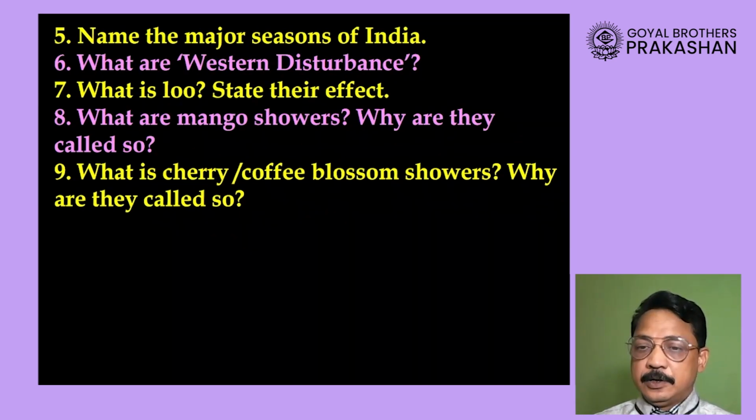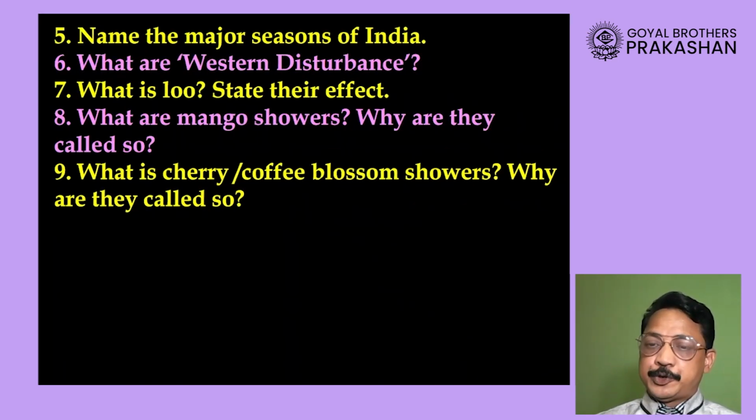They are causing little rainfall in the western coastal region. Now, the western coastal region in Maharashtra is called Konkan, where world famous Alfonso mangoes grow. Therefore, there we call this pre-monsoon wind by the name mango showers.